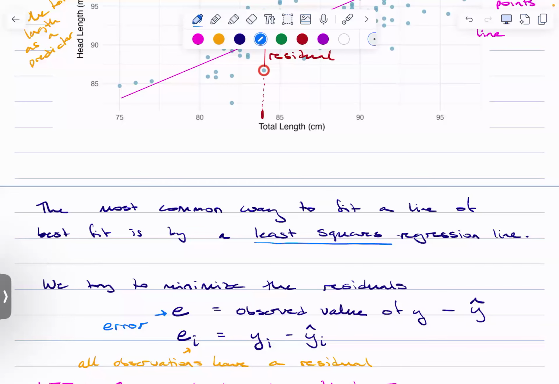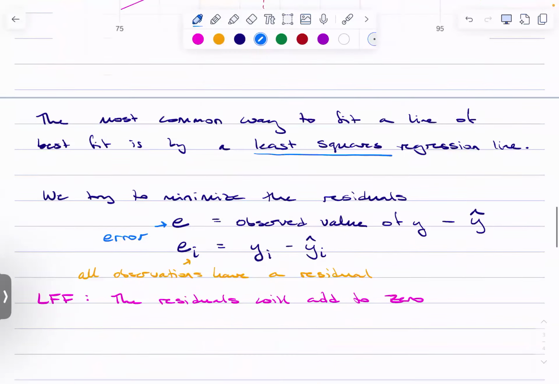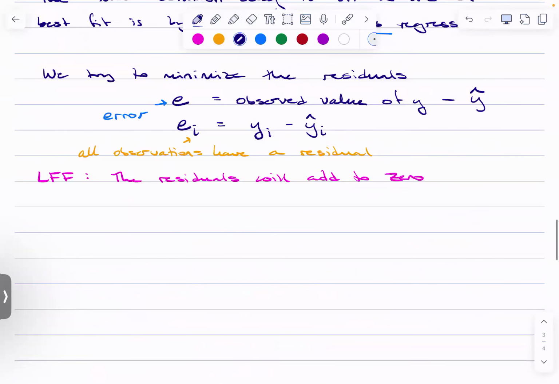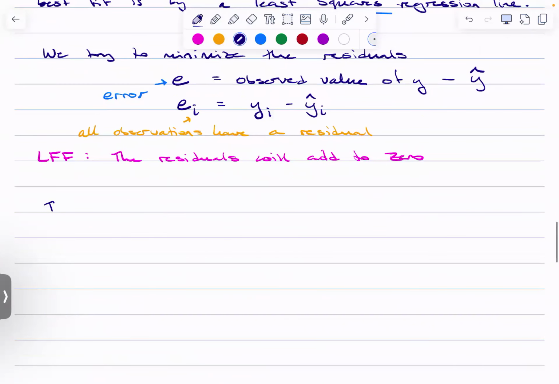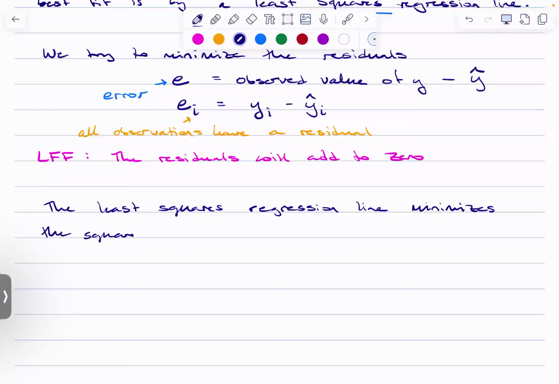We square all the residuals. The least squares regression line minimizes the squared residuals.